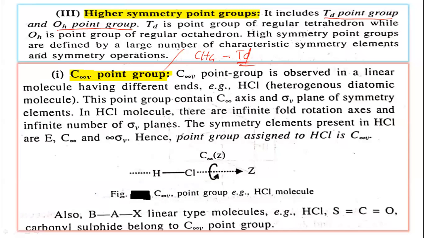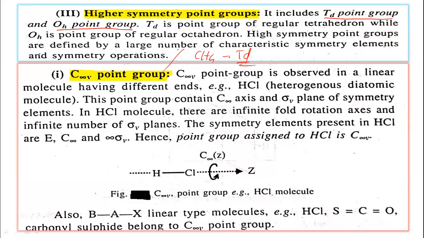In this lecture, I would like to discuss examples of different types of point groups. In the previous lecture, we discussed how the point group is assigned to the molecule.